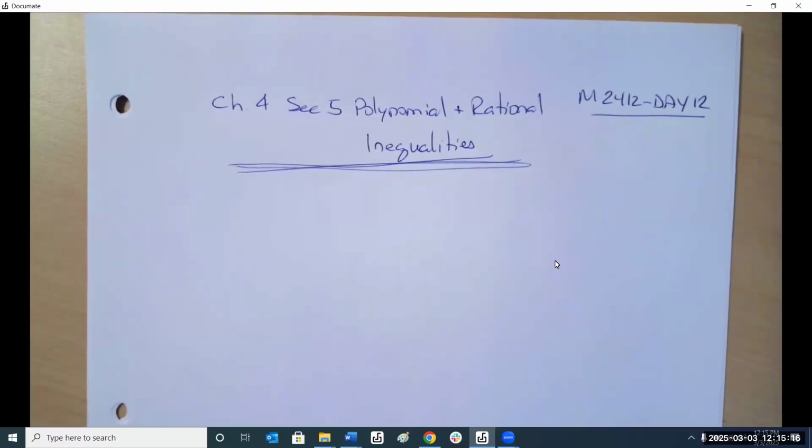How are inequalities different than equations like we just solved? What's going to be different about them?